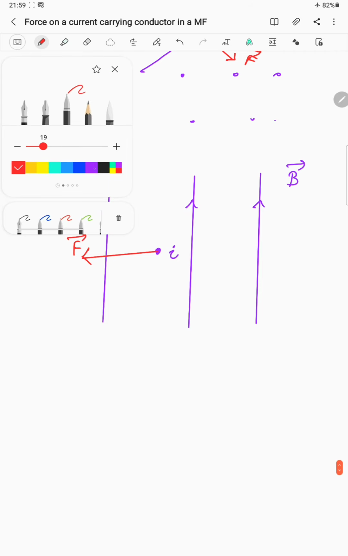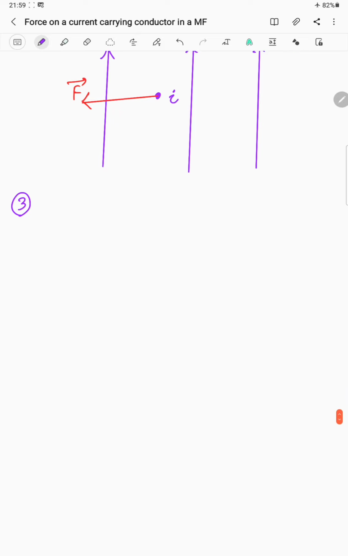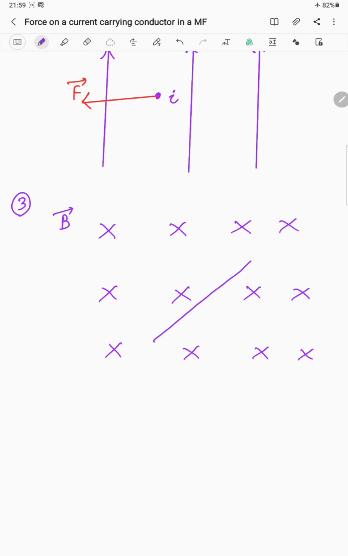Let us try another one. Let us go for the third. In the third one, the magnetic field is cross. Cross means it is into the plane of the paper. And what about the direction of the current? Current is in this direction.